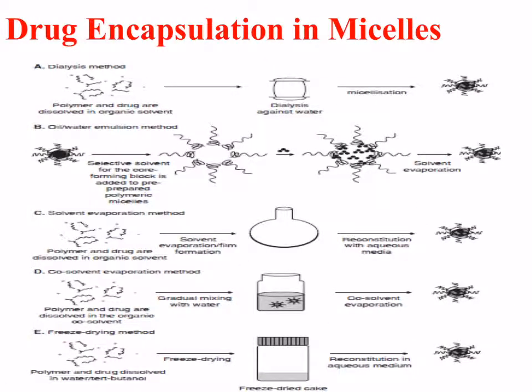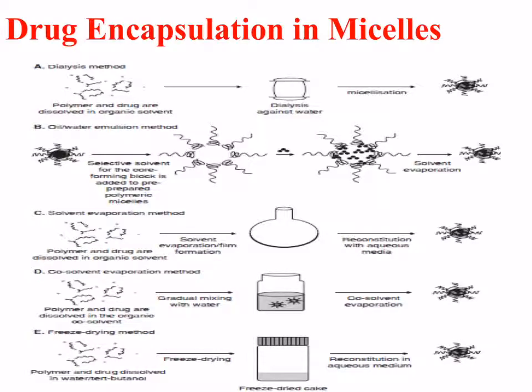In terms of how they're actually encapsulated, this is usually done by a few different methods, either by dialysis, which involves the polymer and drug dissolved in an organic solvent, and then they're dialyzed against water, and they naturally arrange around their phobicities or philicities for water or for lipid.